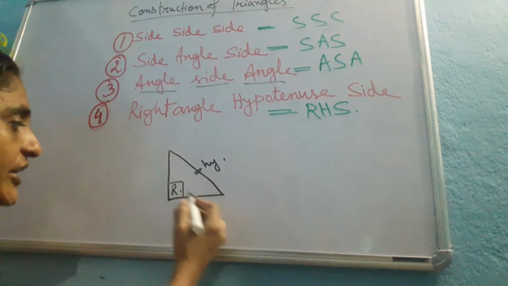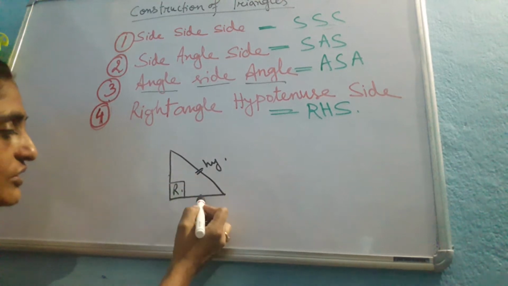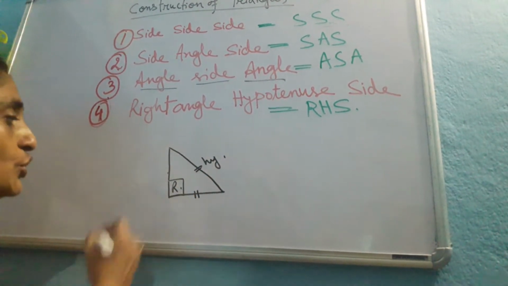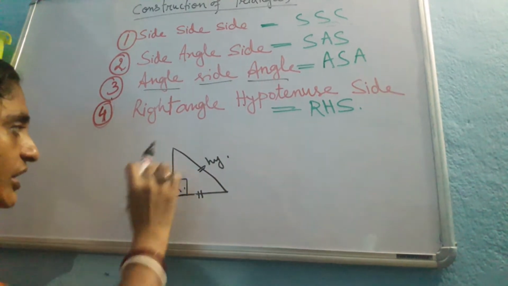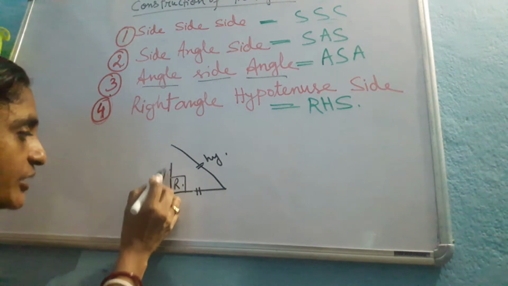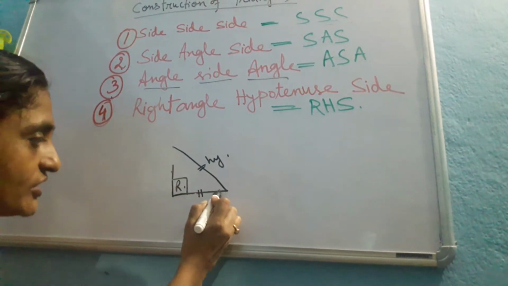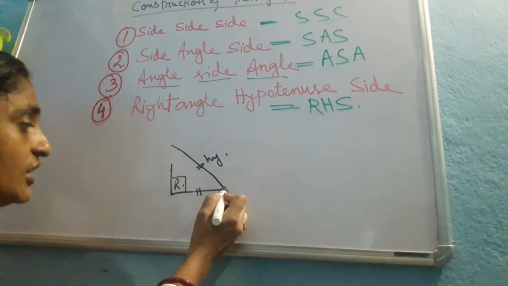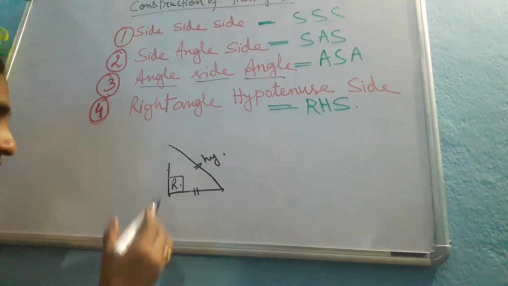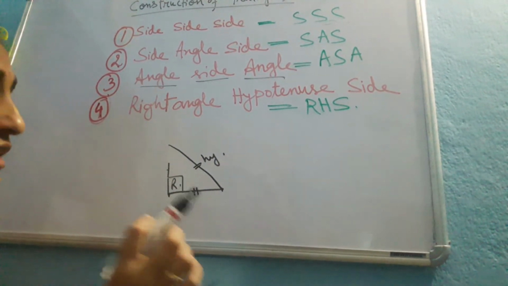Now, one side, any of them, this one it can be, this one it can be. Suppose in this case, let me take this one has been given. So, first you have drawn one right angle, we don't know the length of this side. Suppose I have drawn up to that only. That much only I have taken, and this length was given. So base line I have drawn up to that. This is the fixed length has been given for this one. Okay, and the hypotenuse has been given. So in this case, how much work has been left for you?